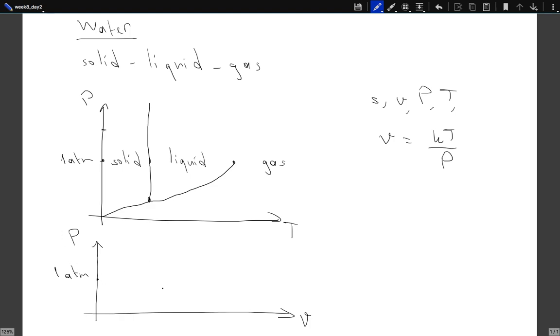So at a given pressure, if the volume per particle is small enough, you are basically changing the temperature to control the volume per particle. So up to this point, you have the solid. But then the solid starts melting. During melting, the temperature is constant.